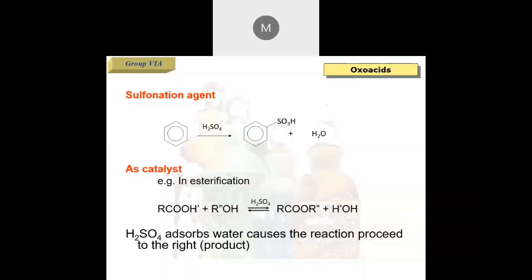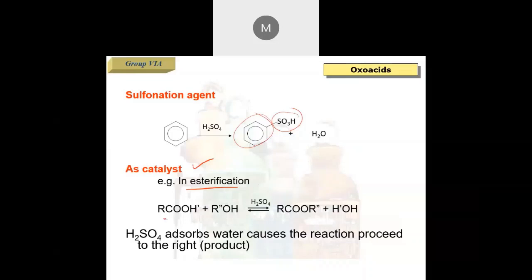Sulfuric acid is also used as a sulfonation agent, especially in organic synthesis, to form the substituent group on the aromatic ring. It's also used as a catalyst in esterification. I think most of you are very familiar with this.